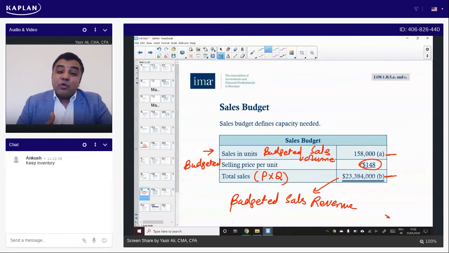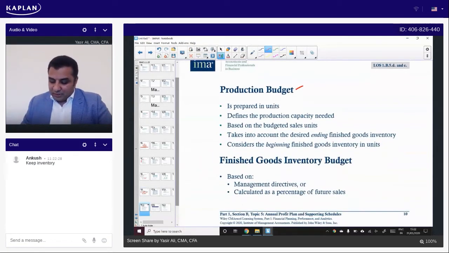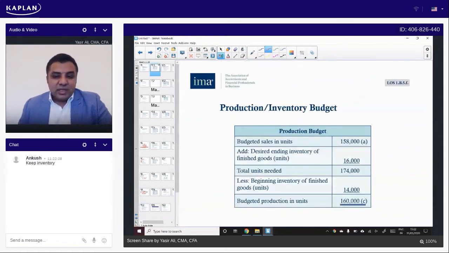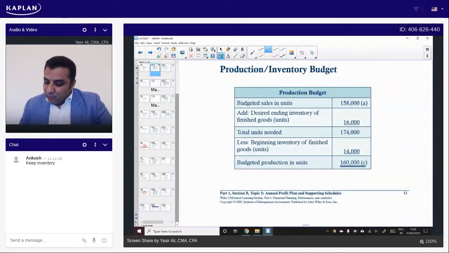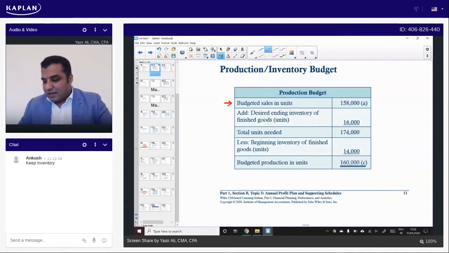Now, let me move on to the format of the production budget, which is very, very important. It starts from budgeted sales units, how many units you plan to sell. That input would be given to you in the exam: you need to sell 158,000 units. So how much do you need to produce?